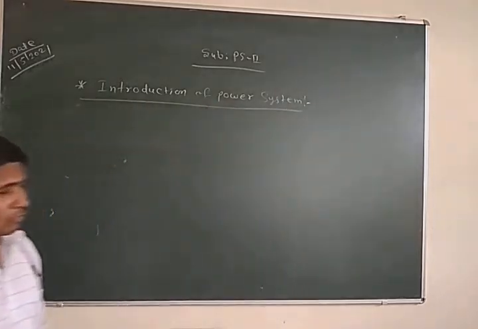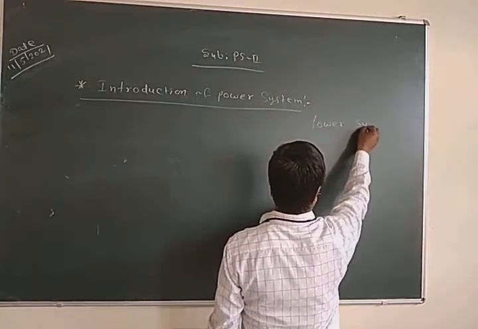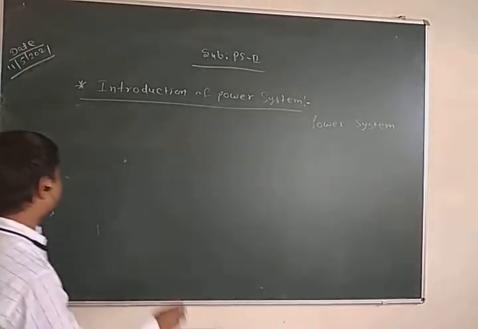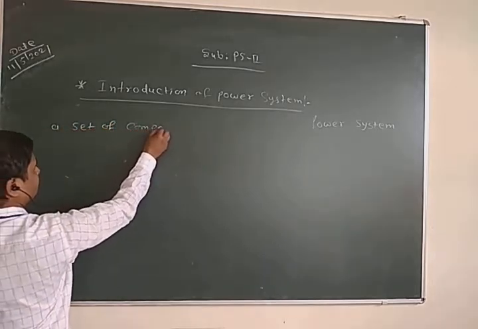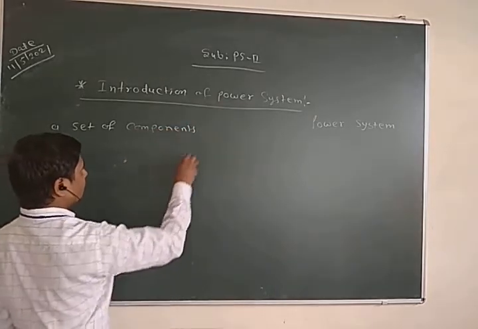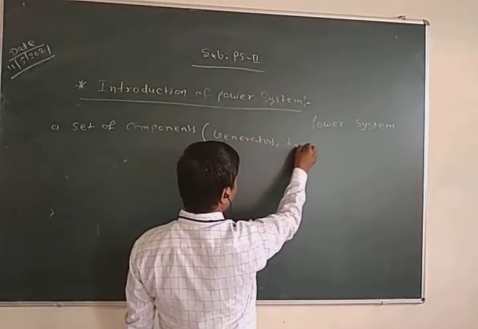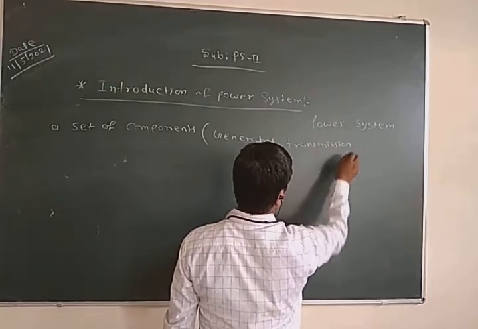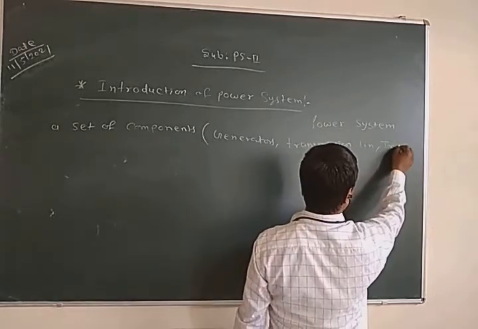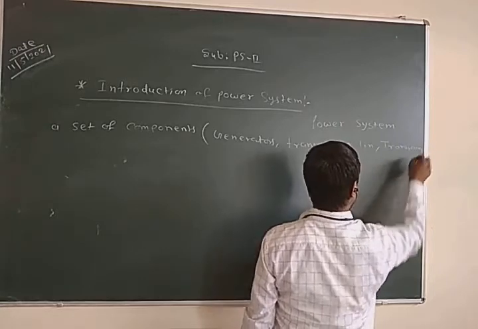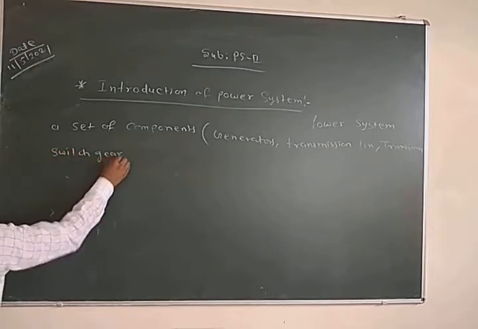First of all, we have to know what a power system is. Power system is a set of components: generator, transmission line, transformer, and switchgear system.